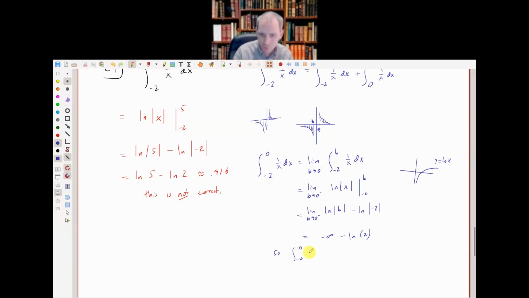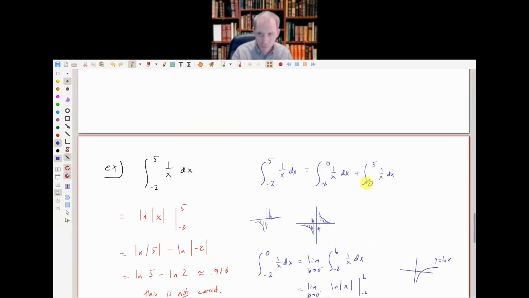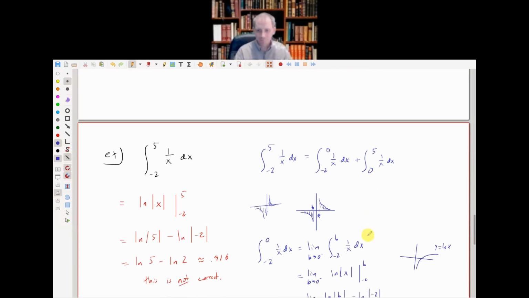So this integral diverges. So the integral from -2 to 5 of 1 over x dx diverges. If one of the sides diverges, it doesn't matter what happens on the other side. The whole thing diverges.